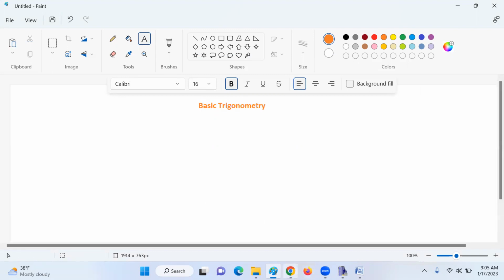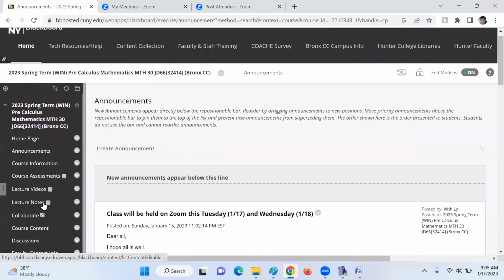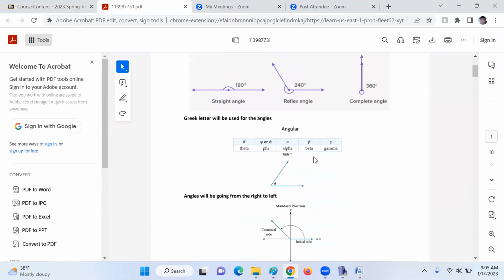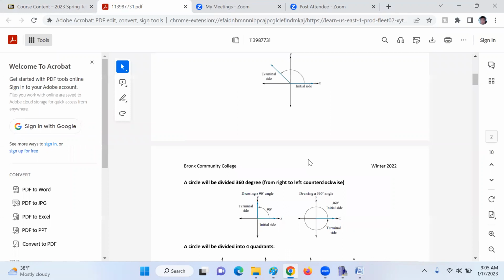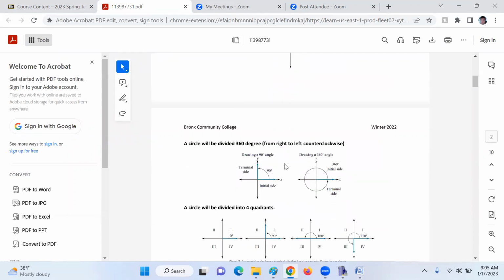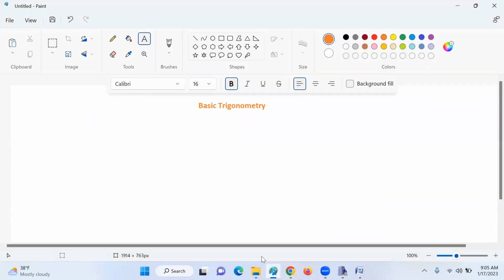We have learned it, and we're definitely going to see it one more time. So let me go back to the course content and open chapter 5, which is called basic trigonometry function. We're gonna skip some of the steps, but basically what we need to know is how we measure the degree like this.